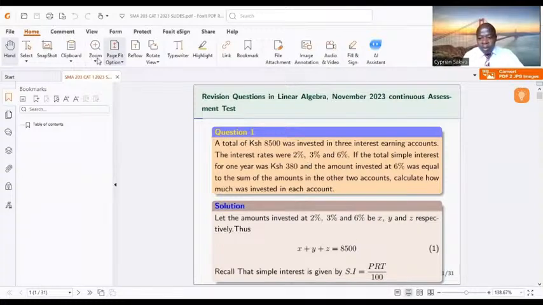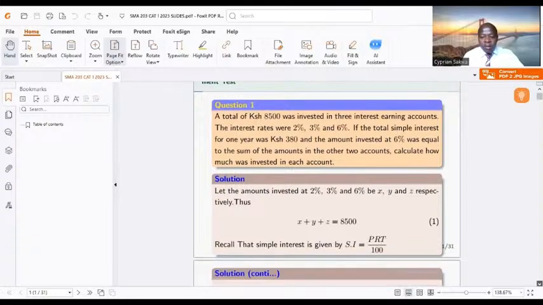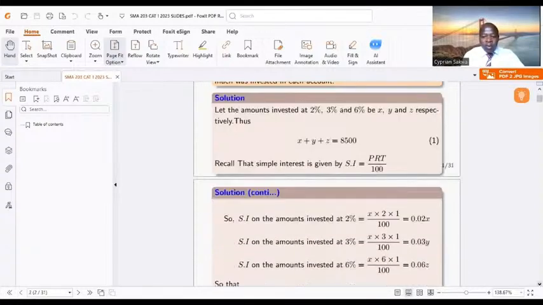So let's find out, when we invested X shillings at 2%, what was the interest? The simple interest would be given by X times 2 times 1 over 100.